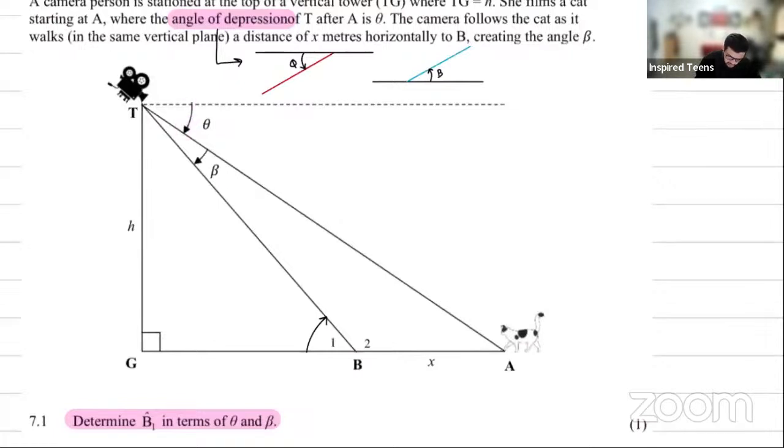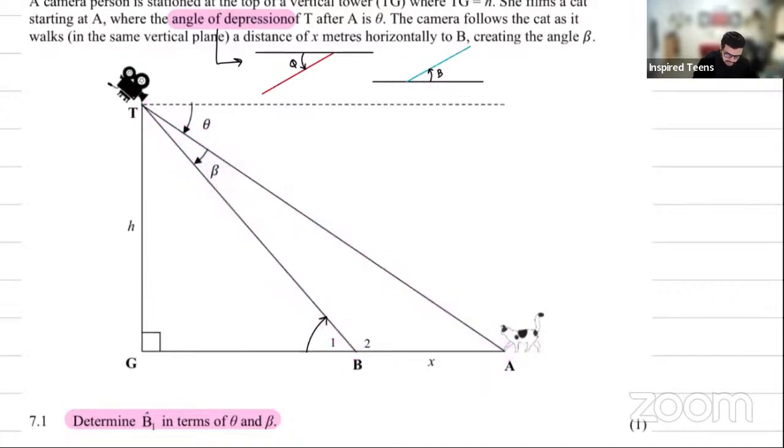It's the angle of depression. And this entire thing is the angle of depression, including theta and beta, and that creates the line TB. Beta itself is just the angle between the initial line of sight and the line of sight from T to B. So that's what beta is.